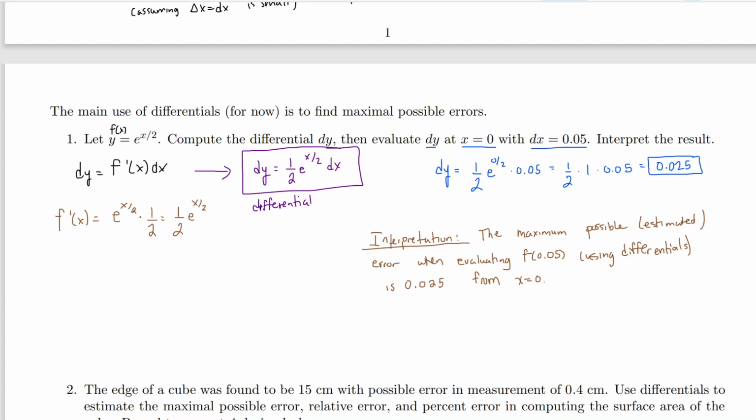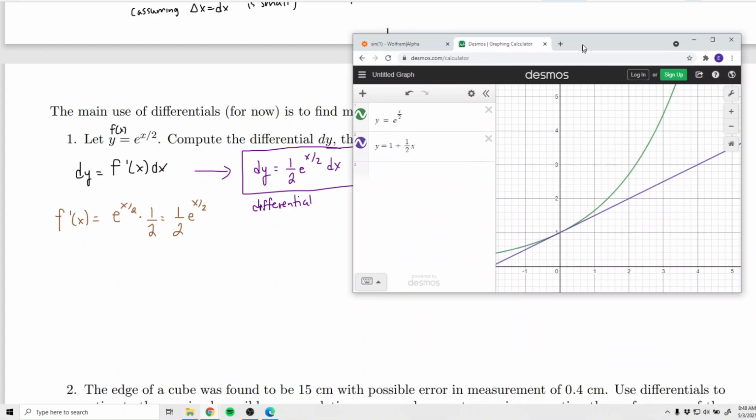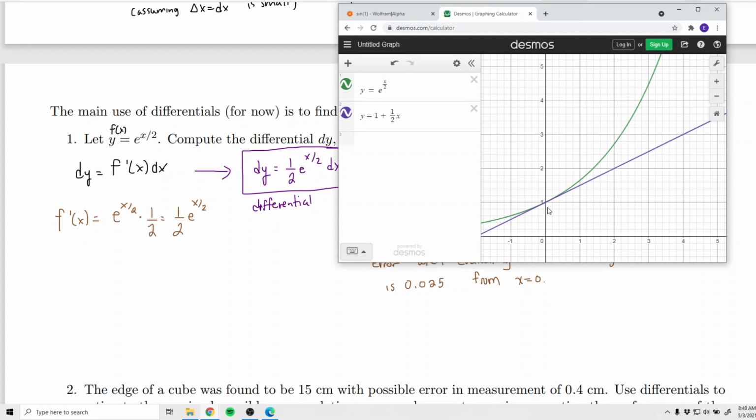Now, just like at the beginning where I showed you the graph of the function, a parabola, and the tangent line just to show you it's close, I want to talk more specifically for a moment about the differential here. So what I've gone ahead and done is, this is our function. If you figure out the linearization at x equals 0 and use the formula above, the way we were doing it in the last video, you will get this equation.